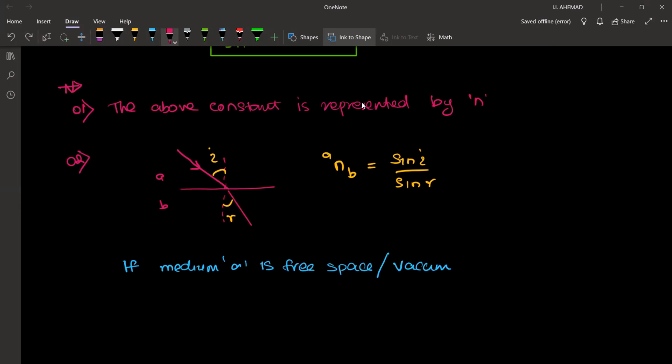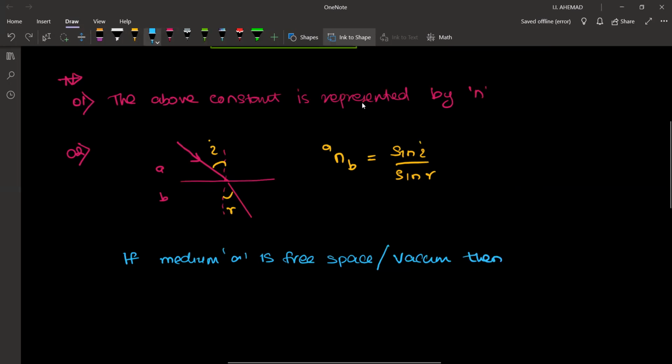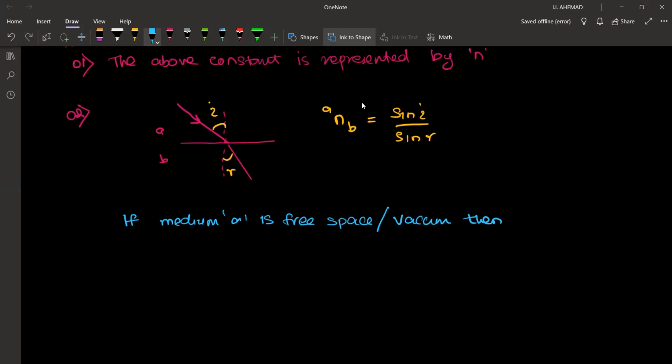If medium A is free space or vacuum, then N_BA is written as N_B.